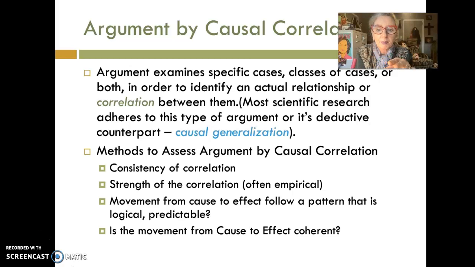Let's take the idea of factory farming and methane gas. If you read the literature around methane gas, the reason it is so bad, worse than carbon dioxide, is because it gets trapped in the atmosphere, and only a small amount of methane in comparison to a lot of CO2 can create the same effect.